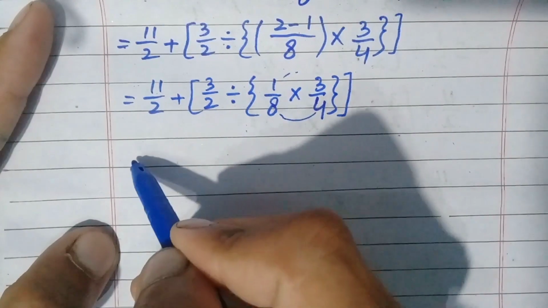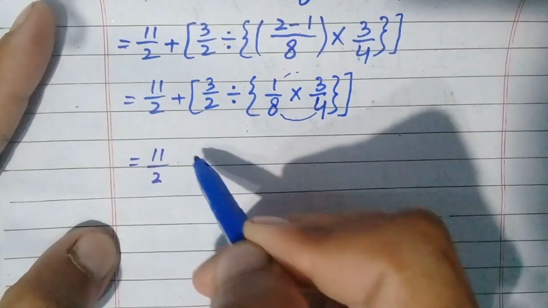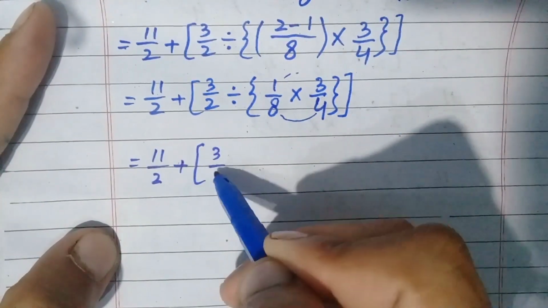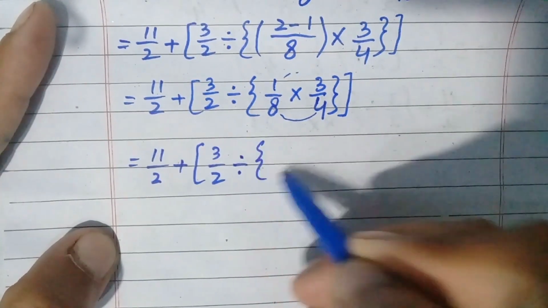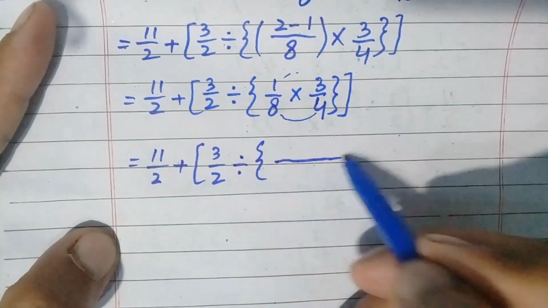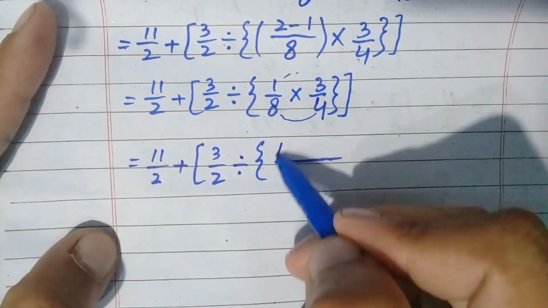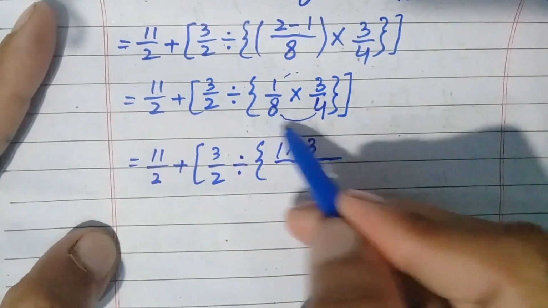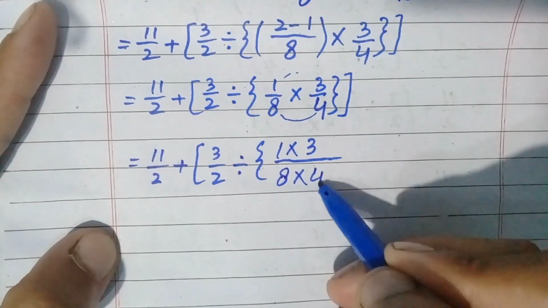We will write the remaining question the same: 11 by 2 plus 3 by 2 divided by braces open. Here we will multiply numerator with numerator and denominator with denominator. So in the numerator we have 1 multiplied by 3, and in the denominator 8 multiplied by 4.